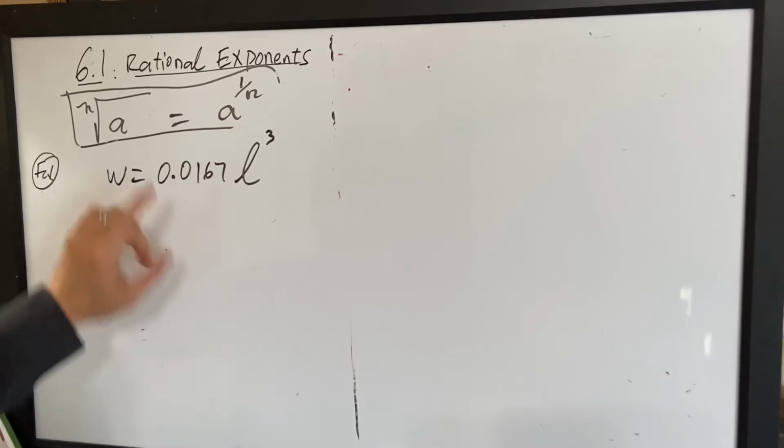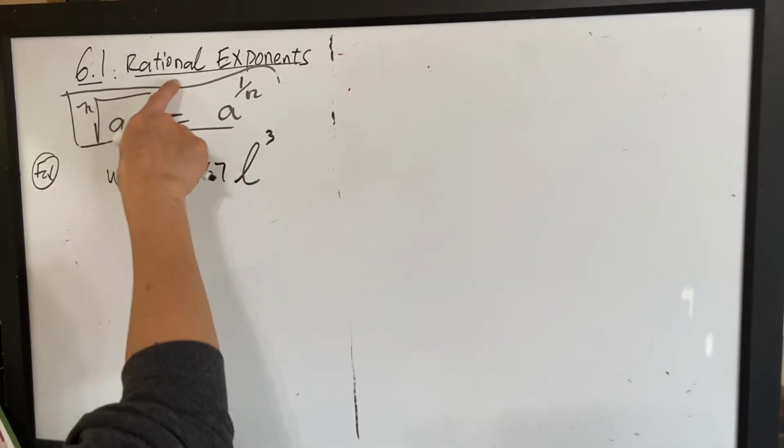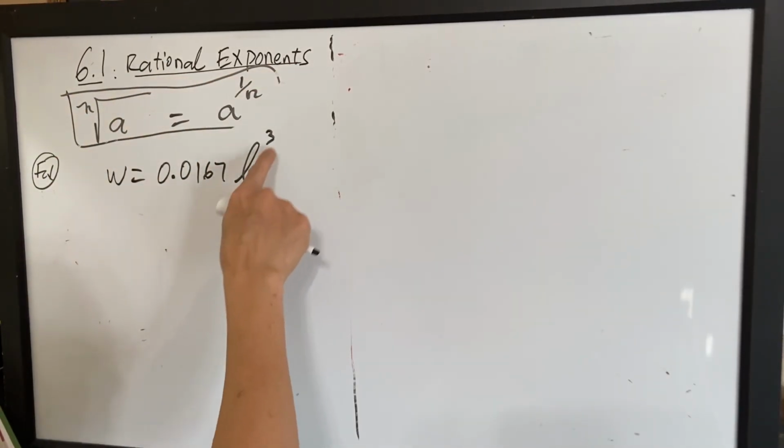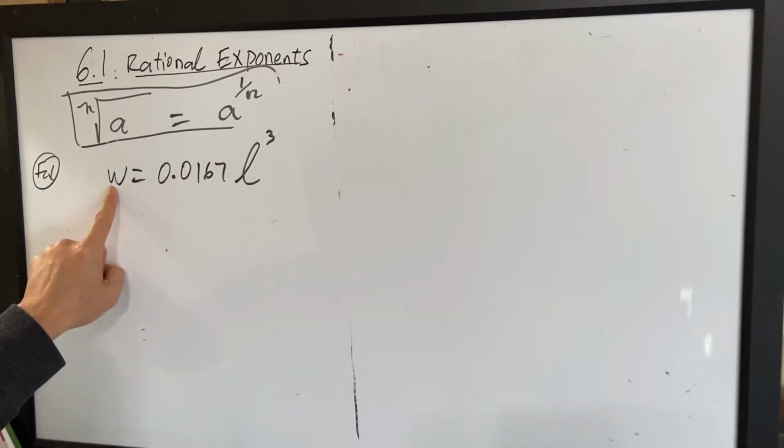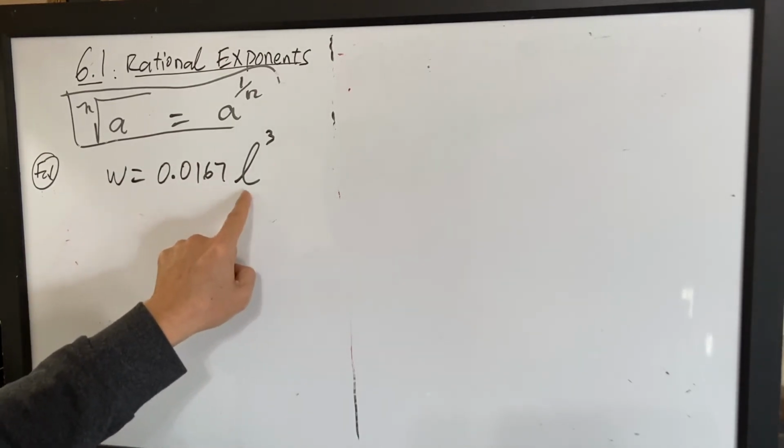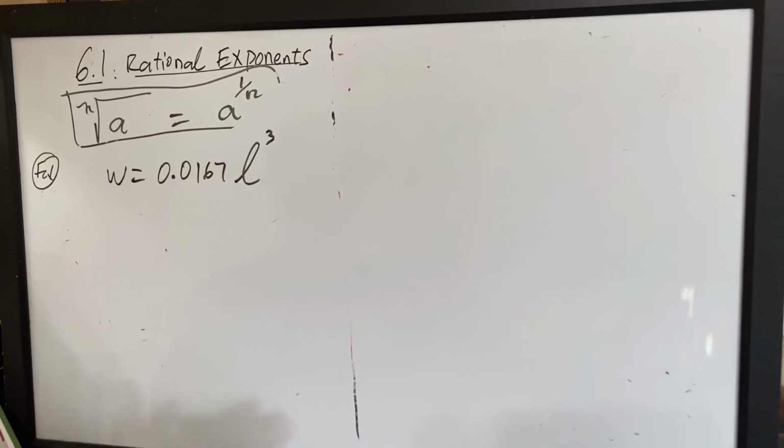Notice that you are dealing with rational exponents, L to the third power. This is the weight of the fish, this is a constant, and L stands for the length, L-E-N-G-T-H.